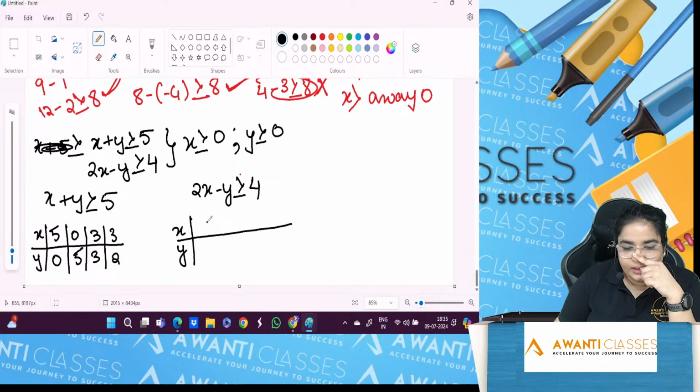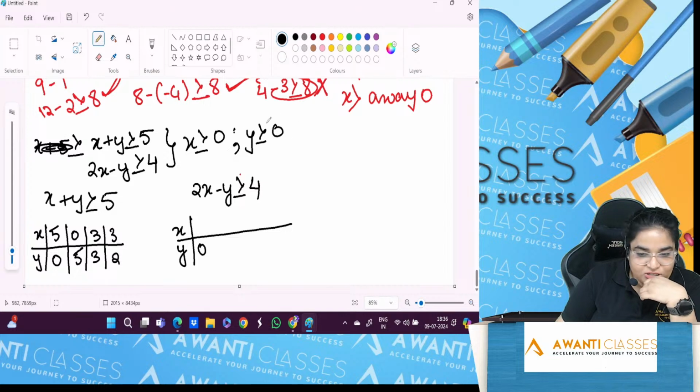Okay. It should be greater than or equal to 4. If I take y as 0, because the least y can go is 0, correct?